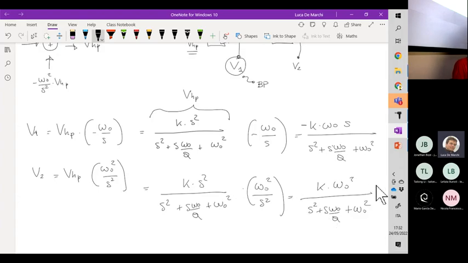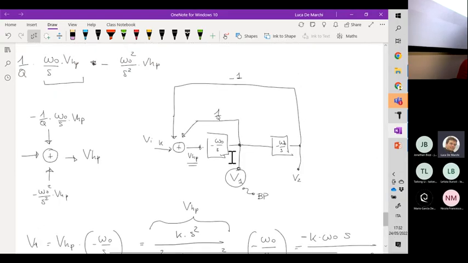What kind of transfer function is this? Low pass. So what is interesting is that if we find a way to implement a circuit like this one with all this feedback loop, we have the possibility with one single topology to implement in one shot a high pass filter, a band pass filter, and a low pass filter.